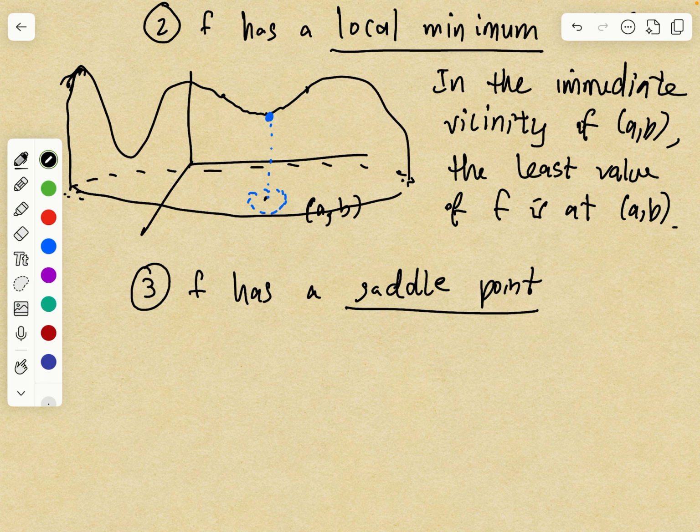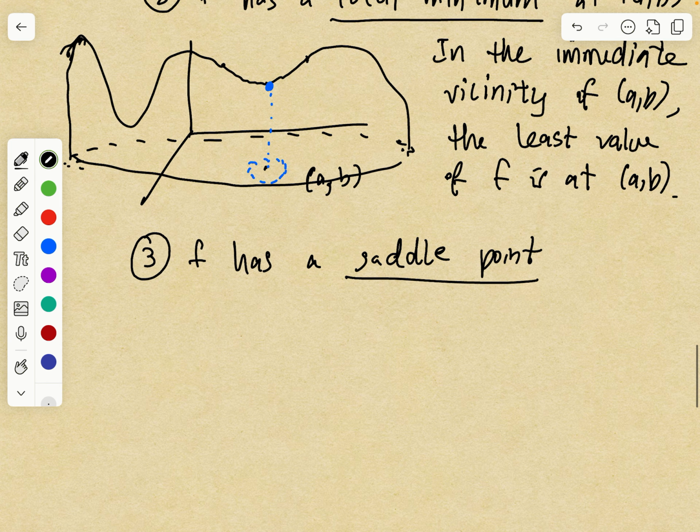And what that means is that in the immediate vicinity, remember when we're talking about the derivative and the gradient, you have to imagine that you're zooming in at the point a comma b with a microscope, right? You're not looking at the whole graph of the function. You're taking the point a comma b and zooming in and just looking at what happens in the immediate vicinity of a comma b.